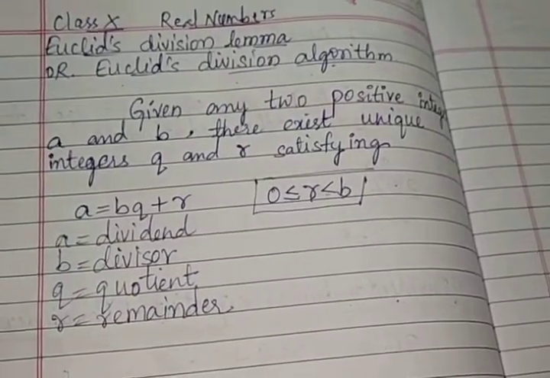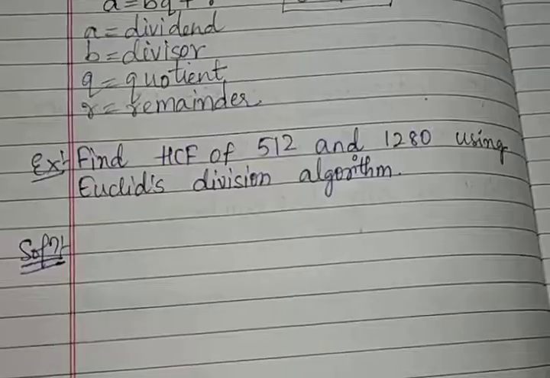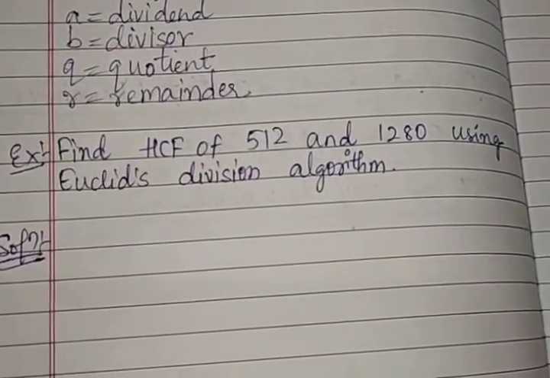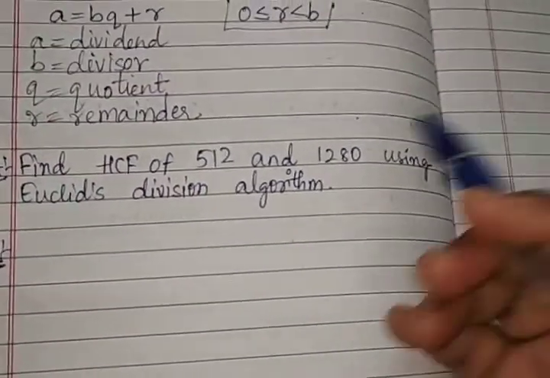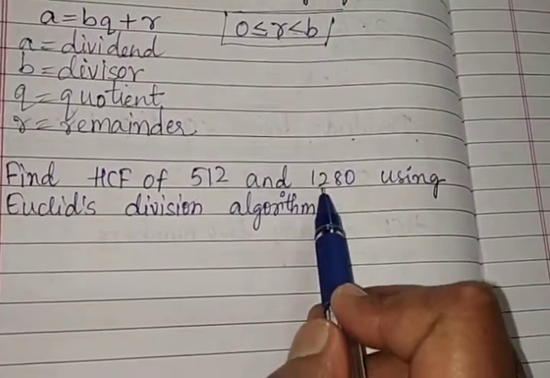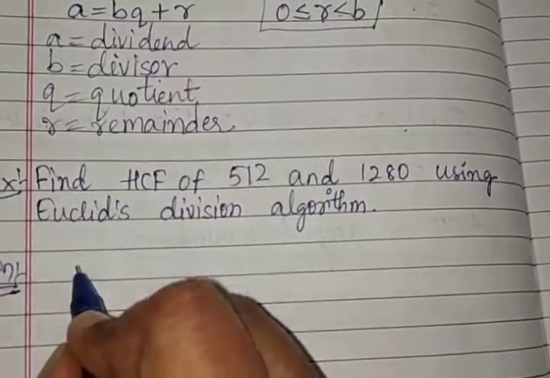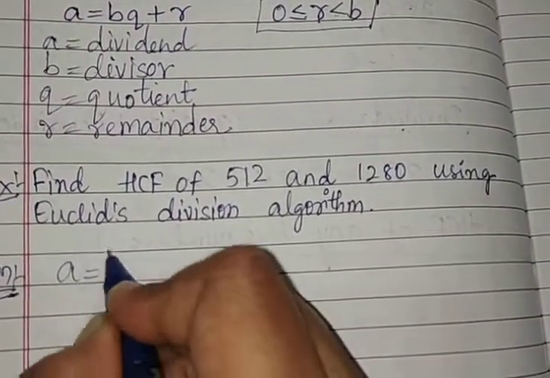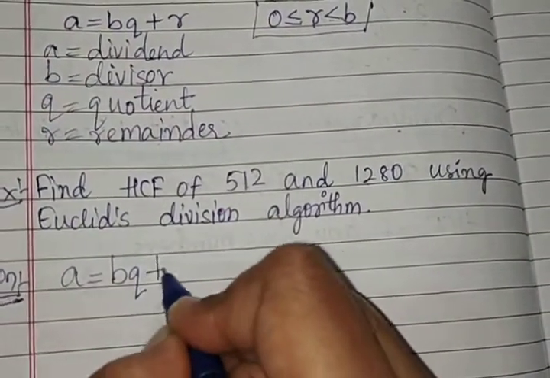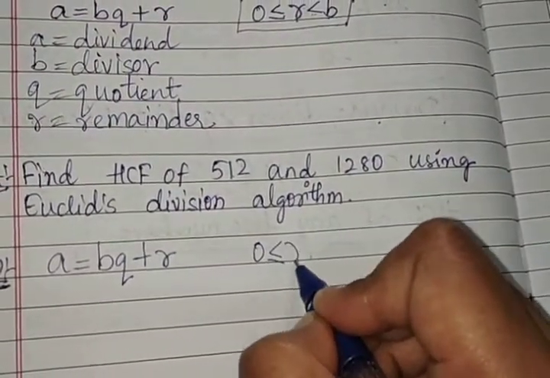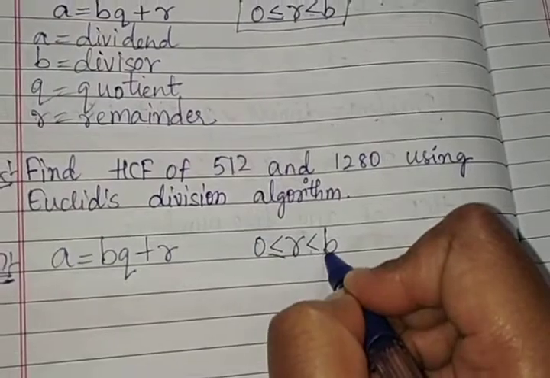Let us take one example to find the HCF of 512 and 1280 using Euclid's division algorithm. Before that, let us write the algorithm: a is equal to bq plus r, where 0 is less than or equal to r, which is less than b.